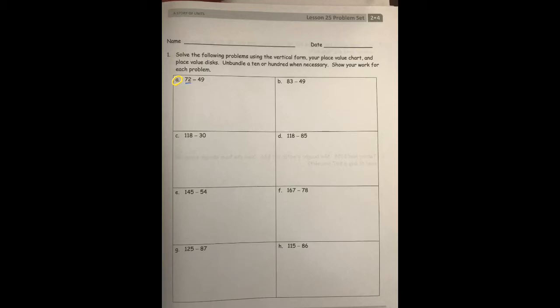So I'm going to take the first number, 72. Notice how I'm doing it to the side because I also need enough room for my place value chart. So I'm doing it toward the side. 72 minus, make sure you put that minus sign, 49. So I'm making sure that I'm stacking up my 10s and my 1s, making sure they're lined up.